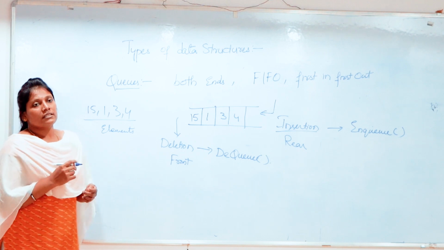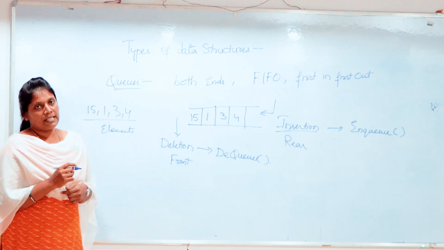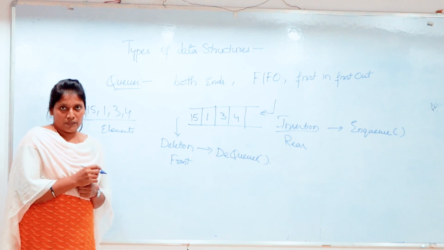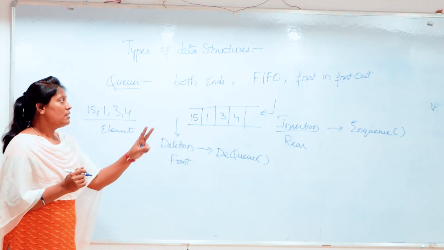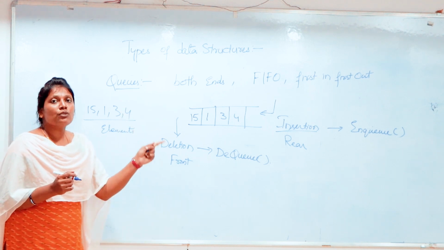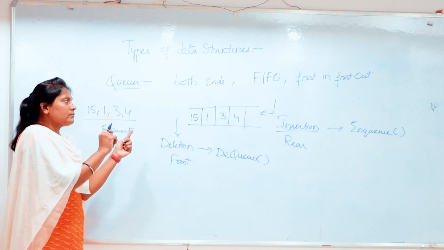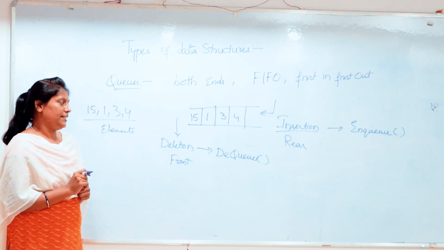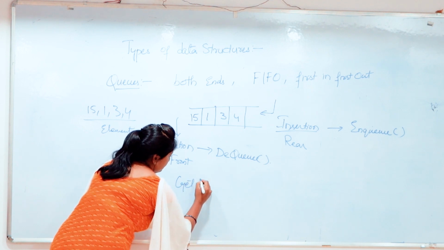Now, in the stack, we said the topmost element is measured at the top of the stack. But here, as we are performing operations at both ends, the element ready to be deleted from the queue should be the next element to be deleted. That operation is called get front.